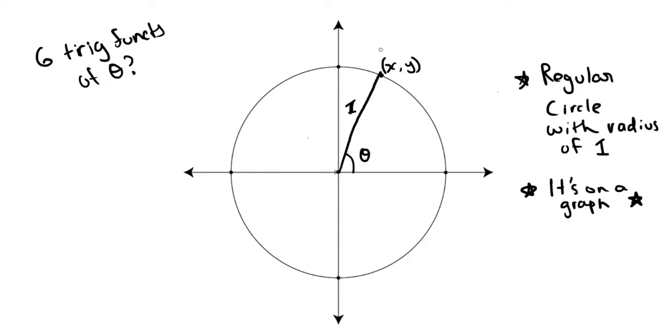Well, let's start off by looking at this coordinate. What do we know about it? What do the x and the y tell us? So let's go back to the definition of a coordinate. In algebraic notation, the x coordinate always tells us how far left or right we've gone, right?